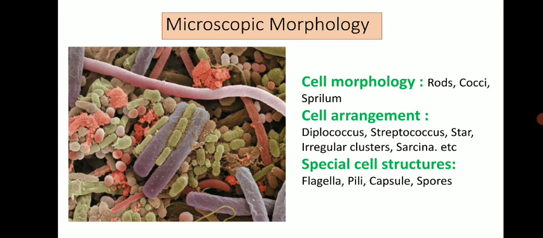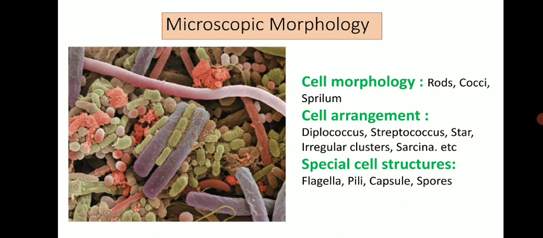Then we can get clues regarding flagella, pili, capsules, spores. These are specialized cell structures. So microscopic morphology is a preliminary identification tool. Microscopy is the basic and the most preliminary identification tool that is used in identification of particular microbes.